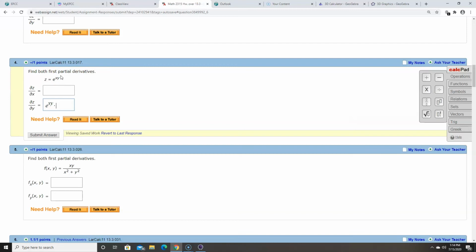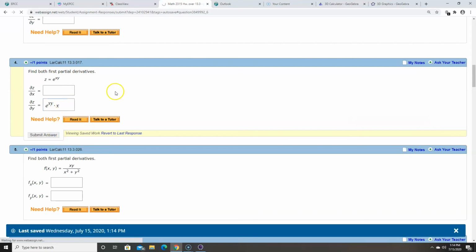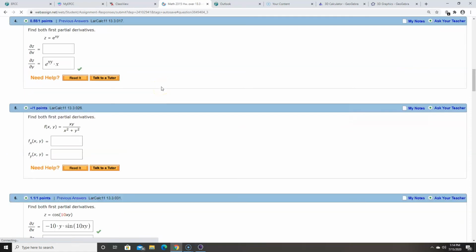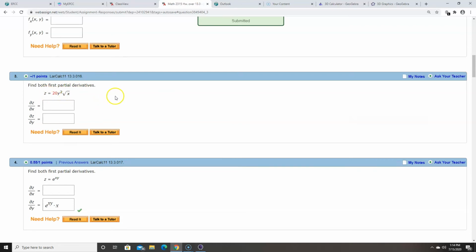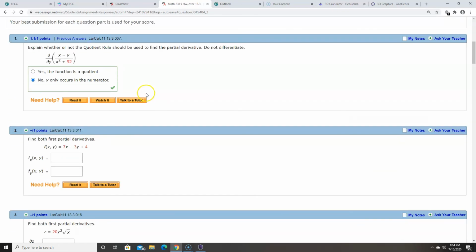Well, the derivative of y with respect to y is 1, and x is held constant, so 1 times x is just x, so times x. Or you can put the x in the front if you like. But either way is fine. And number 3 and number 2 should be fairly routine. Number 1 we already talked about.